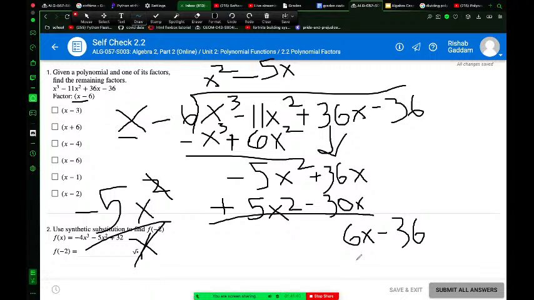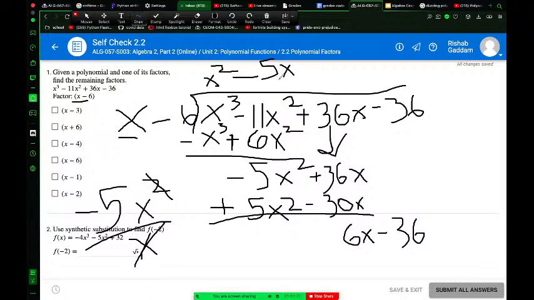X can be any number. I never said 5x squared. I said, how many times does x go into negative 5x squared? So I'm asking you to divide. I don't understand the things after that.